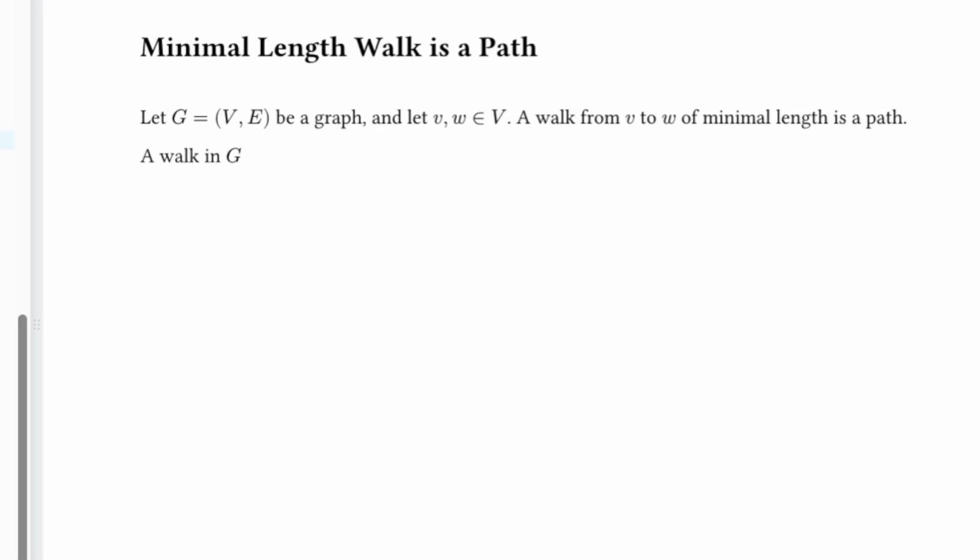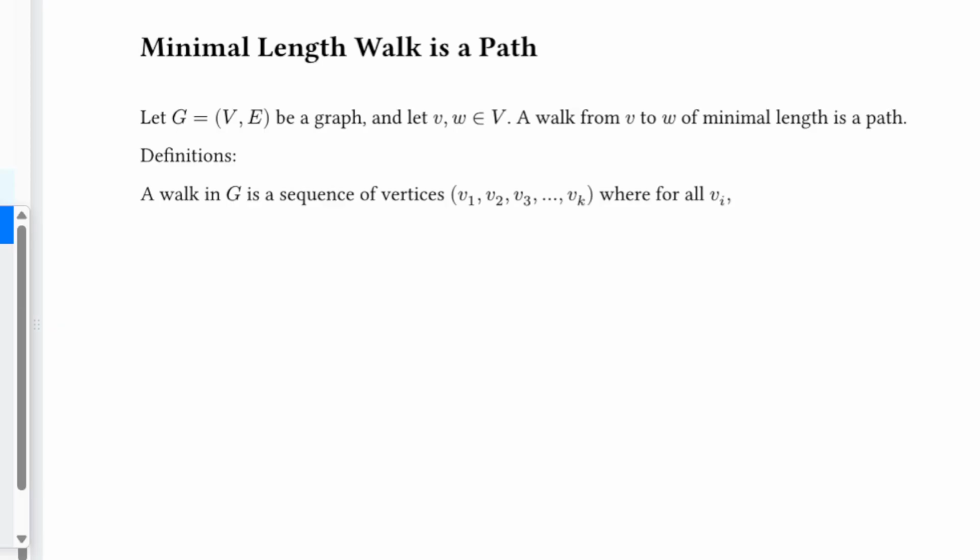Definitions. A walk in G is a sequence of vertices v1, v2, v3, dot dot dot, up to, let's say, vk, where for all vi, vi plus 1, the edge exists in the graph.